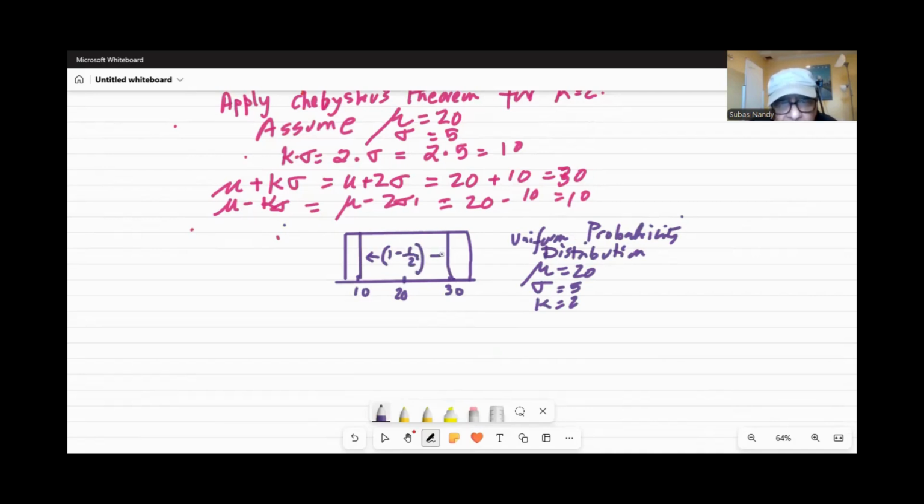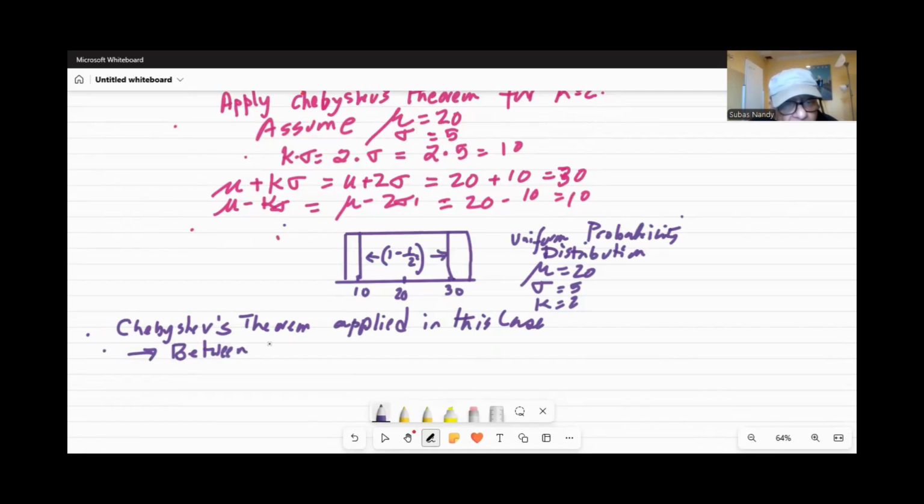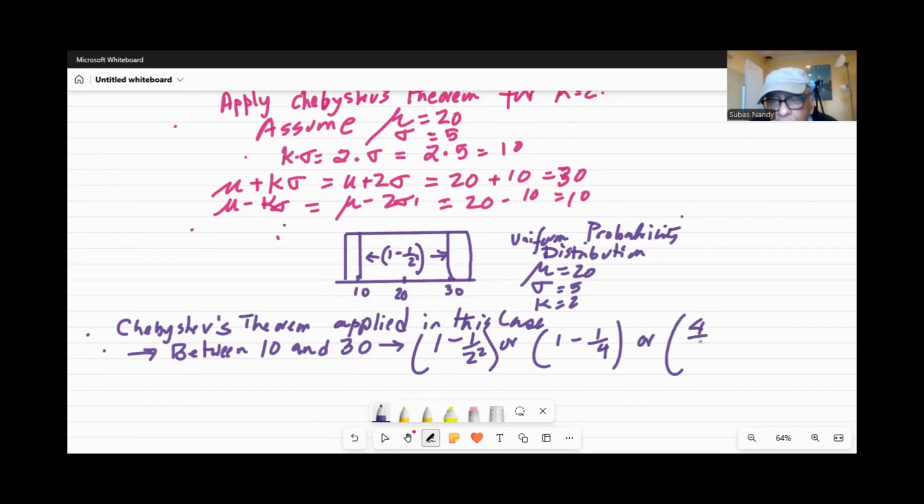So Chebyshev's theorem applied in this case, between 10 and 30, gives 1 minus 1 over 2 squared, because k is 2, or 1 minus 1/4, or 4/4 minus 1/4, which is 3/4.